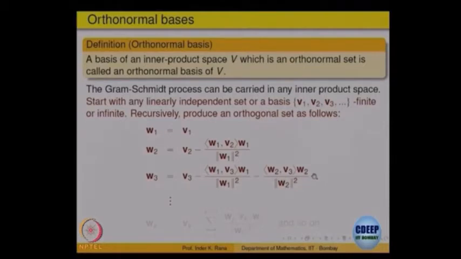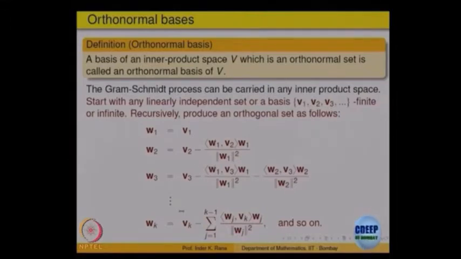If you go on doing that process up to any k, you will get vectors W1, W2, up to Wk, which are mutually orthogonal, and the space spanned by them is the same as the space spanned by V1, V2, up to Vk.